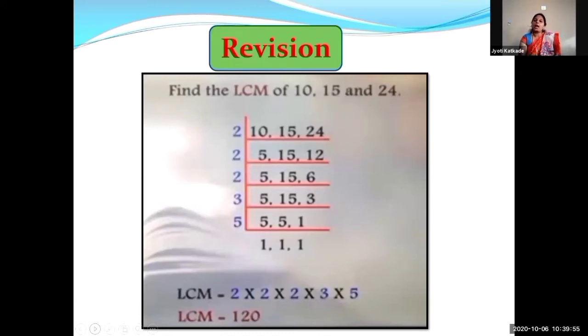When we multiply all these numbers, we get 120. So 5 threes are 15, then 15 twos are 30, 30 twos are 60, and 60 twos are 120. So we get LCM 120, which means the LCM of 10, 15 and 24 is 120.